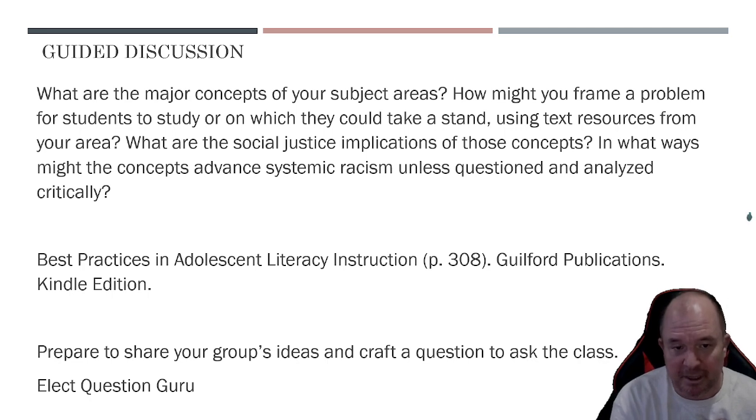Every discipline has, well, you can think of social justice, but you can also think of economic justice, ecological justice as well, if that makes it helpful for your content area.